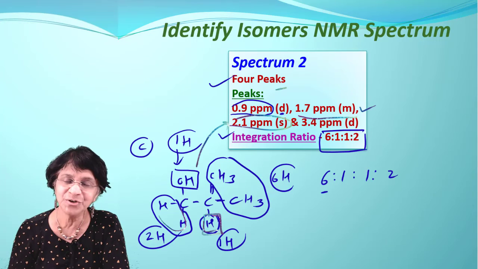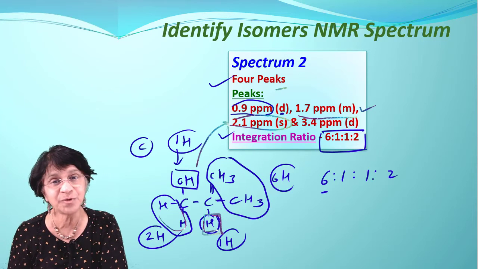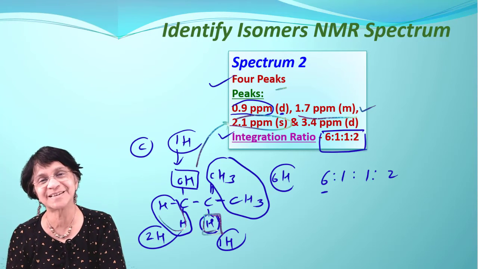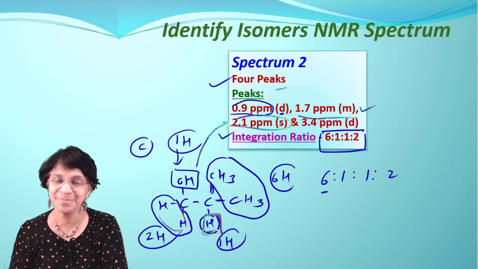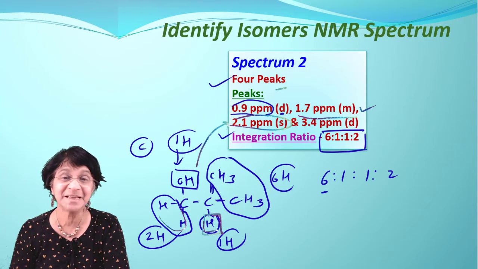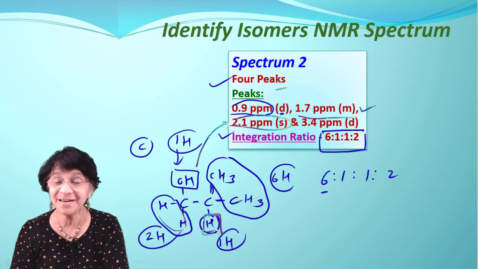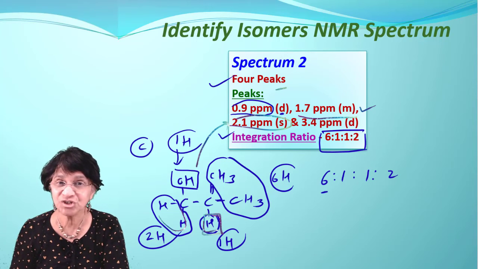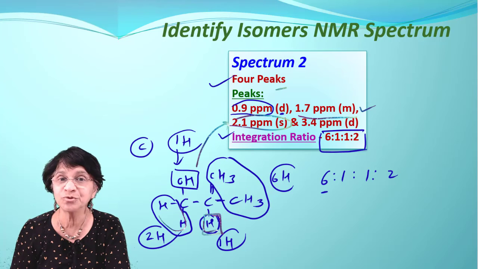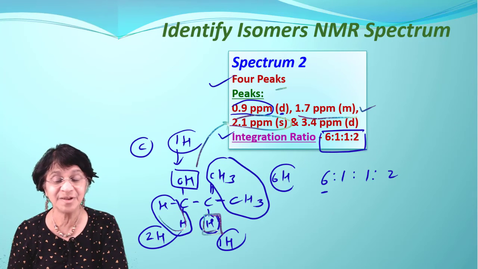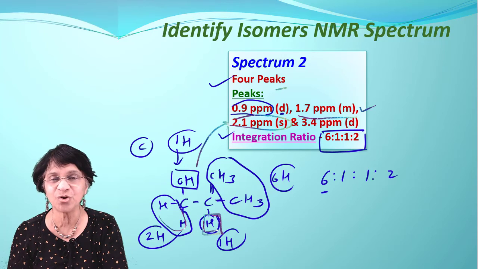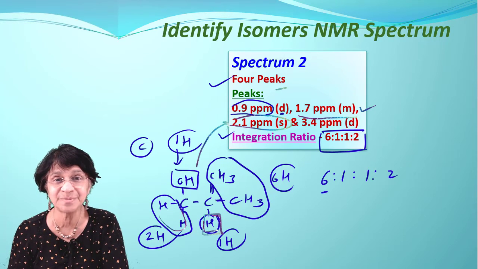And then when it's time to confirm the structure with respect to NMR, you can look at the splitting pattern and also the chemical shift. But other than that, this was a good, easy question. So out of those 4 isomers of butanol, we were able to figure out which ones are matching our 2 NMR spectra.